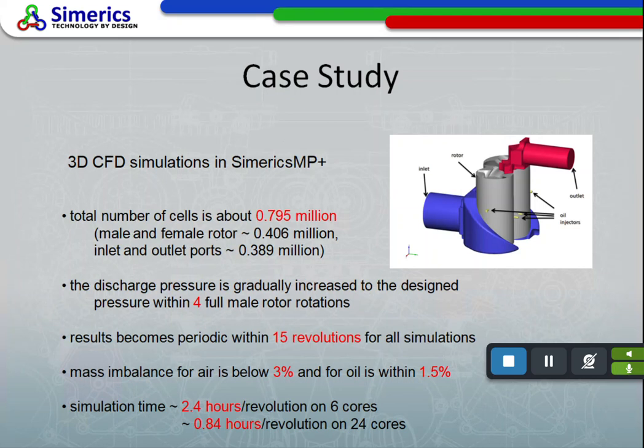Also, the discharge pressure is gradually increased to the designed pressure within 4 full male rotor rotations to achieve the best stability. Also, the results become periodic within 15 revolutions for all simulations.